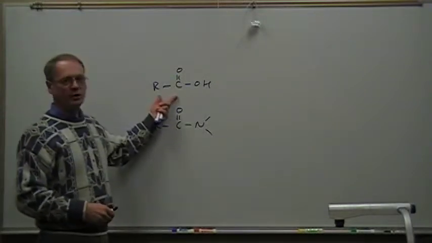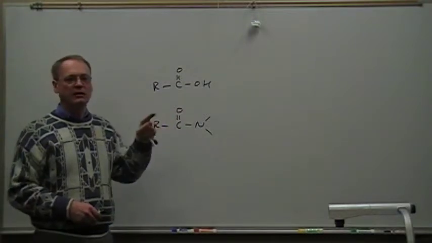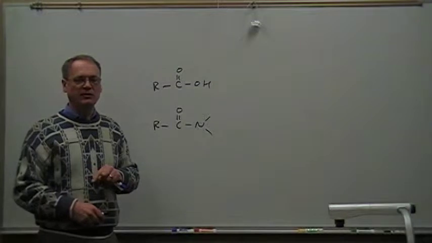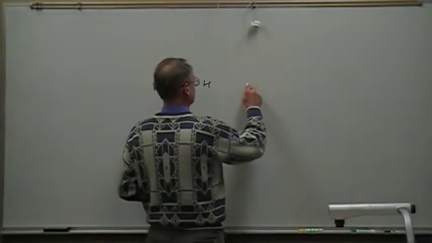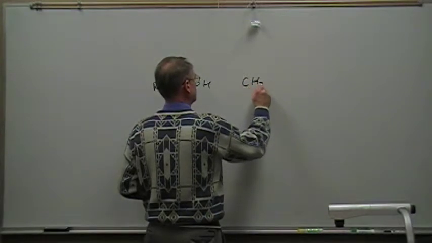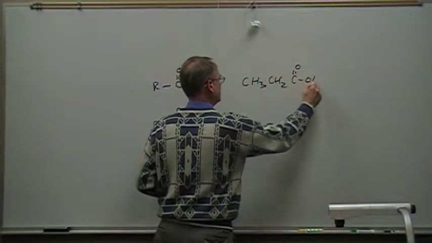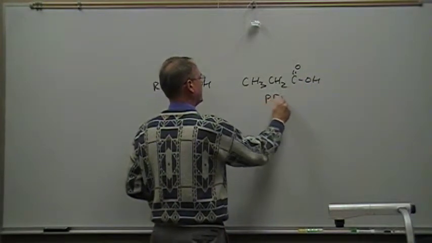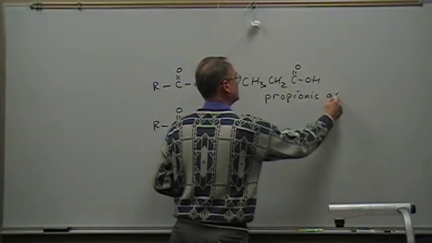Take whichever name of the carboxylic acid you prefer and change the ending OIC, and then the word acid, to the ending AMIDE. So this compound in the common system is propionic acid.